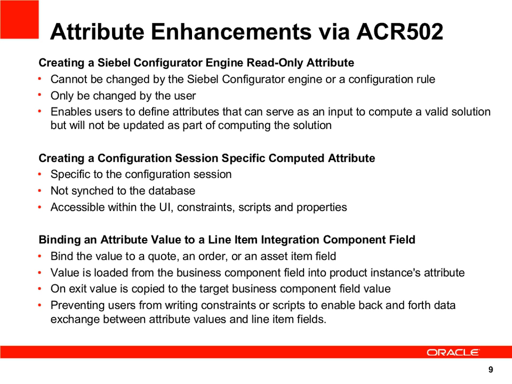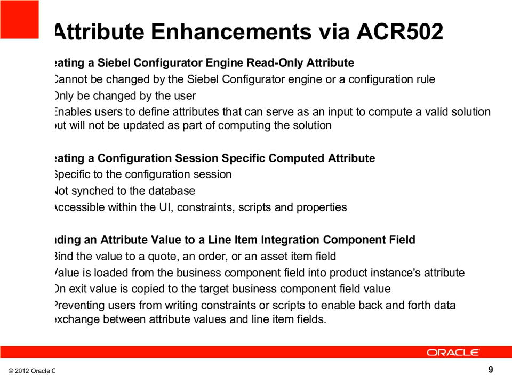And the last one was the result of reducing the necessity of scripting. Now we have the possibility to bind an attribute value to a line item integration component field. So the value can come from a quote, from an order, or from an asset item field.